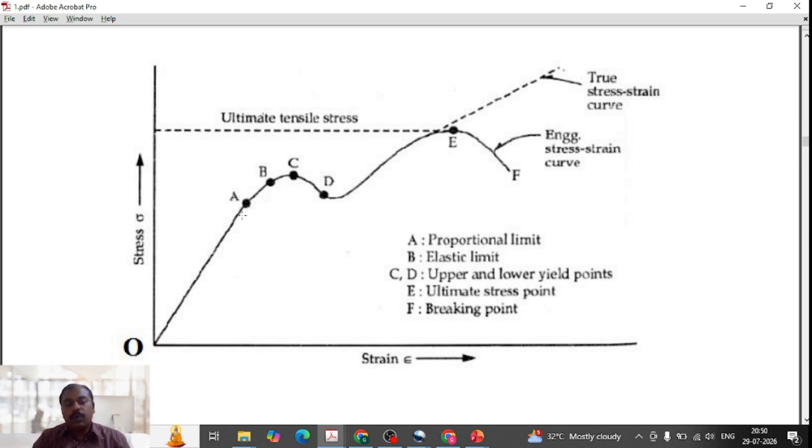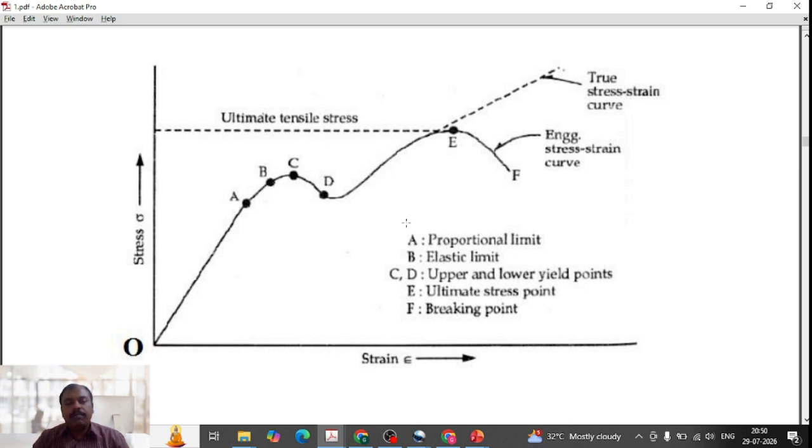And if the material is loaded beyond the elastic limit, it goes to the plastic region where the material permanently deforms, and even after the load is removed, the material will not regain its original shape. So that region is called the plastic region.